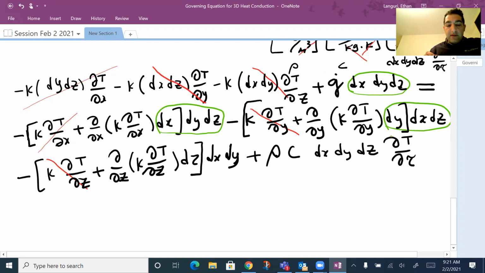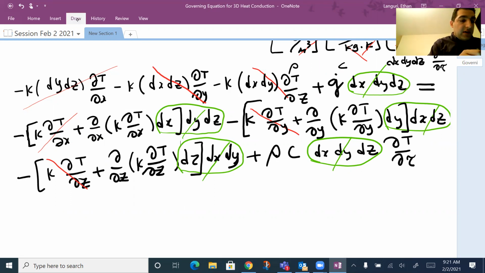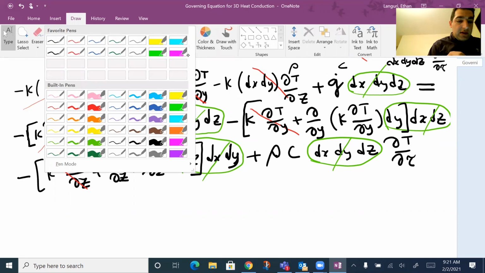I have dy dx dz here. Another volume here. Another volume here. How about we cancel all of those because they are shown on the other side of the equation. Another way to put it is let's divide all the equations by dx dy dz, so this way they cancel out each other. Okay, now with what we have, let's simplify our equation and write it in the final form.